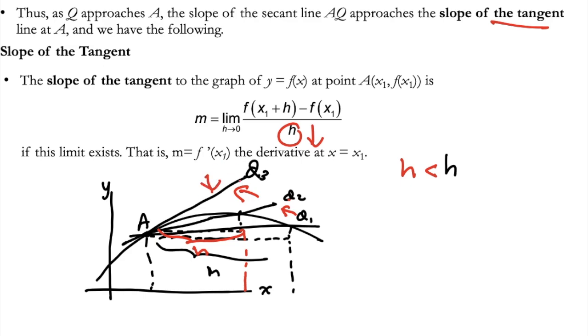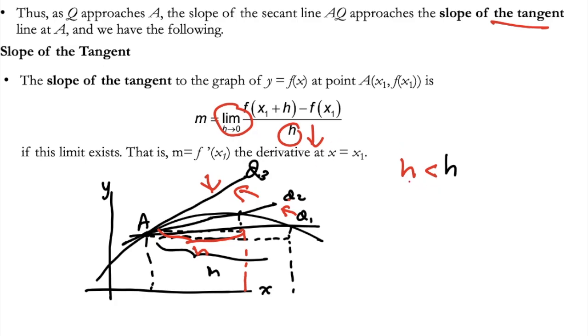So when I say approaches, that means we are talking about the slope which is closer and closer to the slope of the secant line, which is closer and closer to the slope of the tangent line. Therefore, we are talking about a limit.